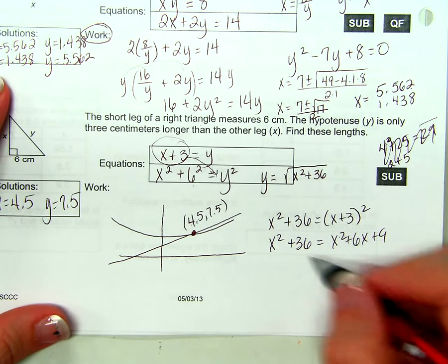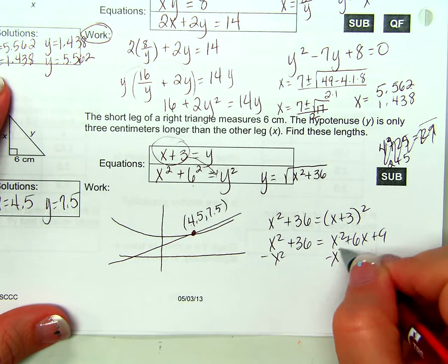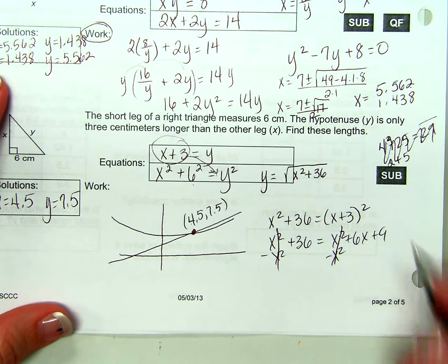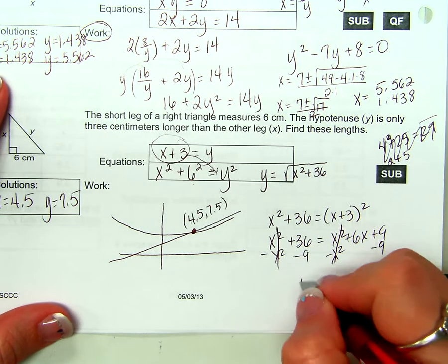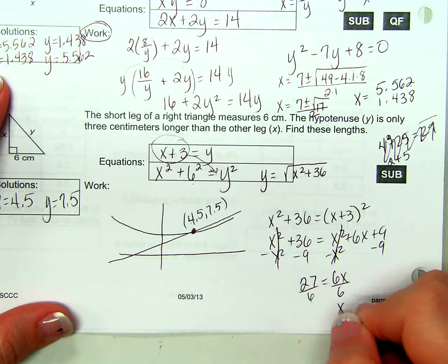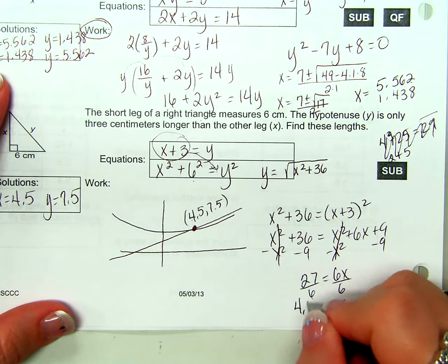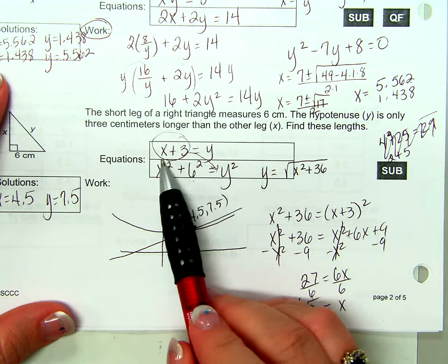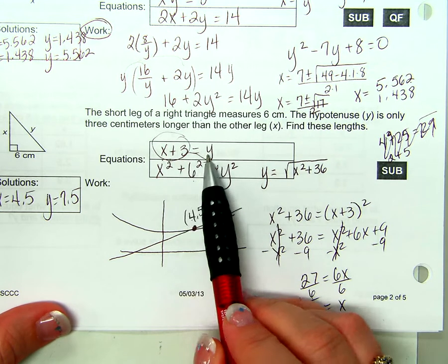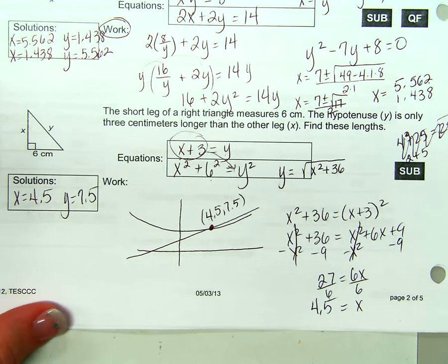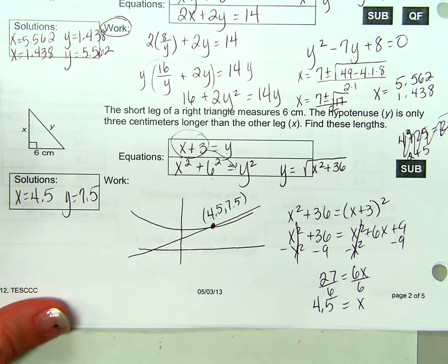So if I subtract x squared from both sides, oh my goodness, it's not a quadratic after all, is it? So subtract 9 from both sides, 27 equals 6x. If I divide both sides by 6, x equals 4.5. 4.5 plus 3 is 7.5. Okay? I was just trying to show you that it does work out the same way.